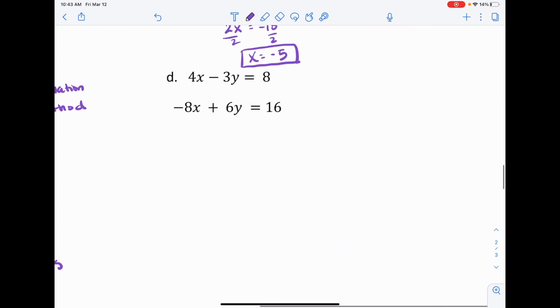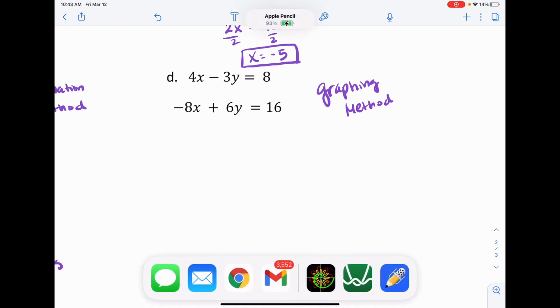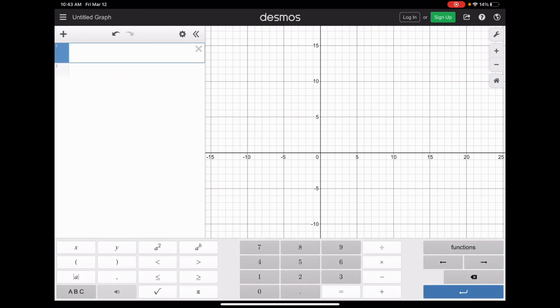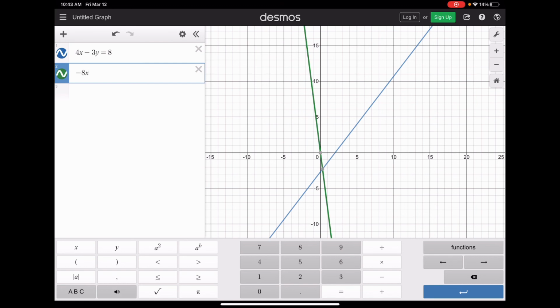Okay, and then the last one, let's do the graphing method. Okay, so what I'm going to do for graphing is I'm going to type them both into Desmos. All right, so we've got 4x minus 3y equals 8 and negative 8x plus 6y equals 16.